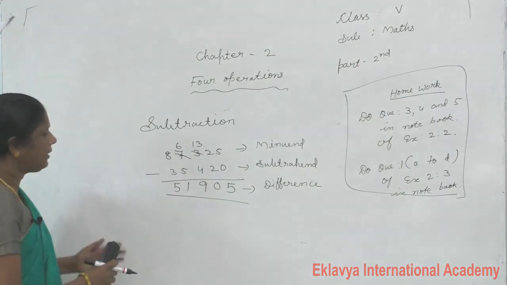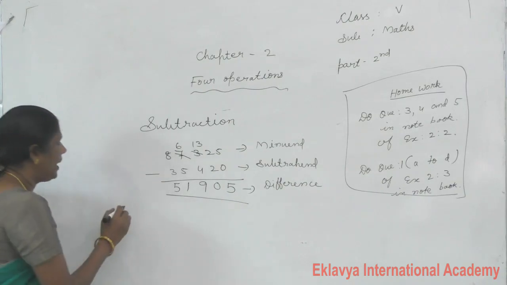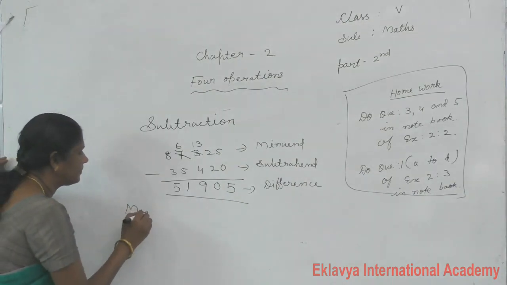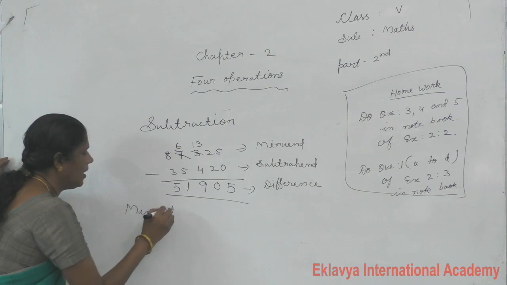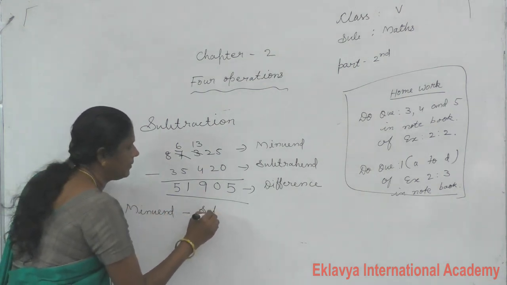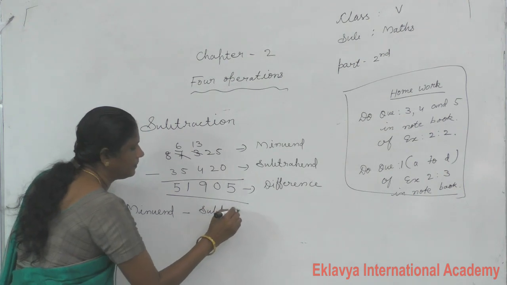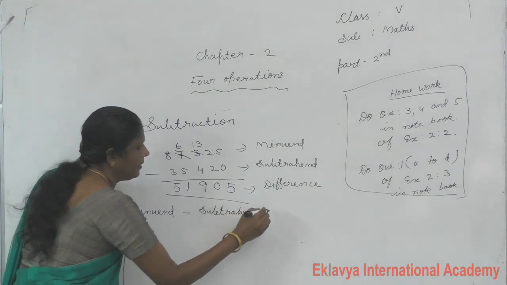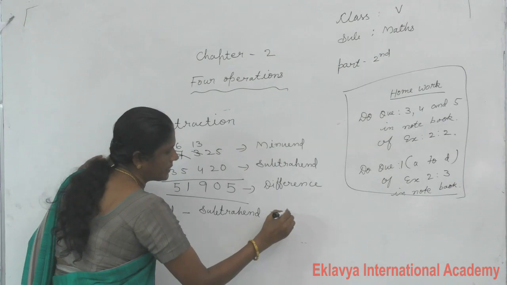Now we get a formula: minuend minus subtrahend is equal to difference.